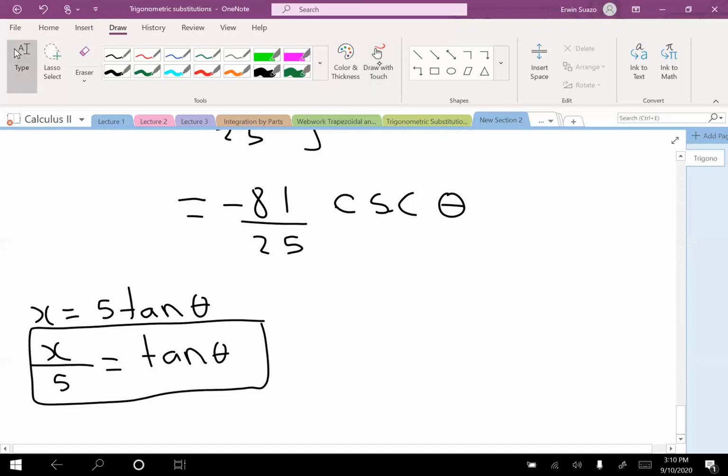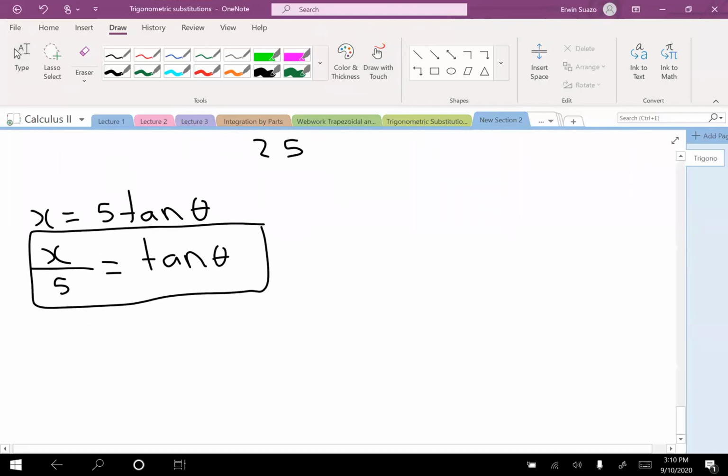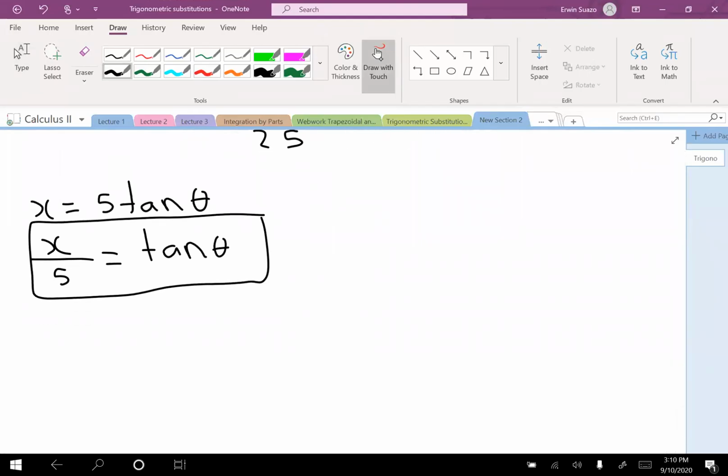Therefore, there is a triangle related to this, and this is theta. Tangent of theta is opposite over adjacent. Remember? That's also in the formulas for the exam.